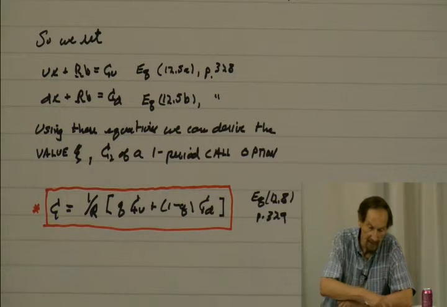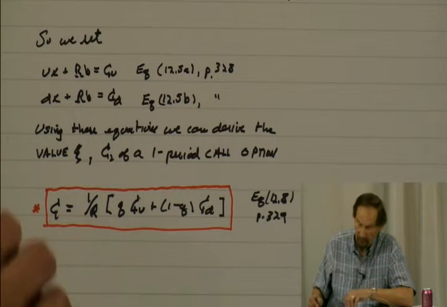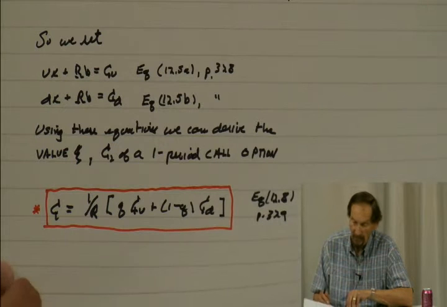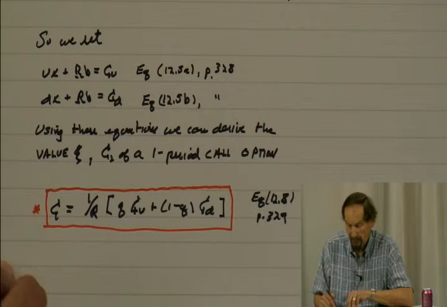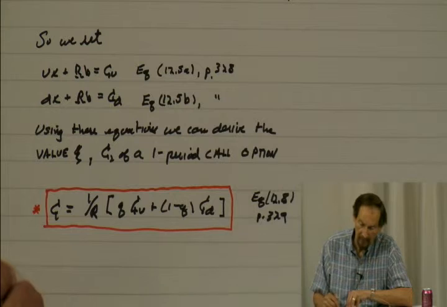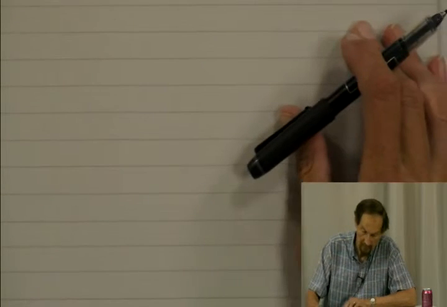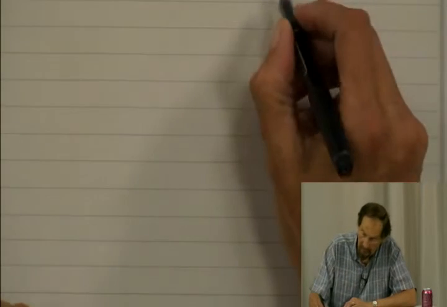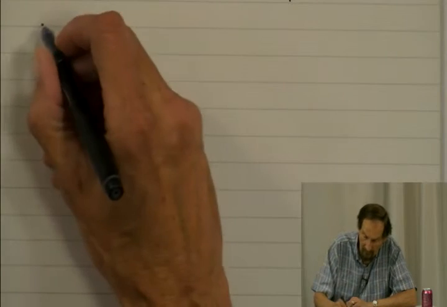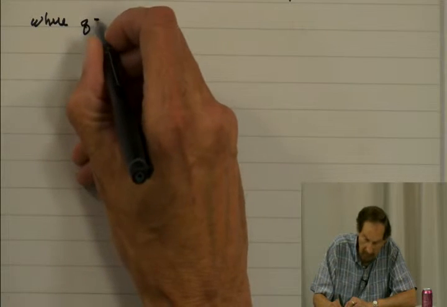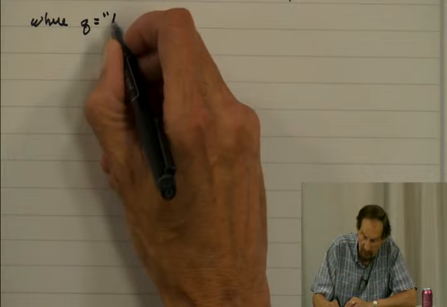Okay, and in this, let's look at Q. We have a Q here and a 1 minus Q here. So a Q looks a lot like a probability, and in fact, it's going to be called a risk-neutral probability. Q equals a risk-neutral probability.